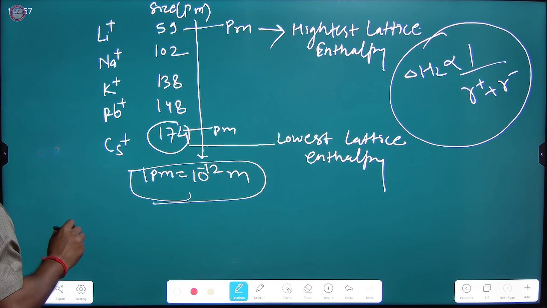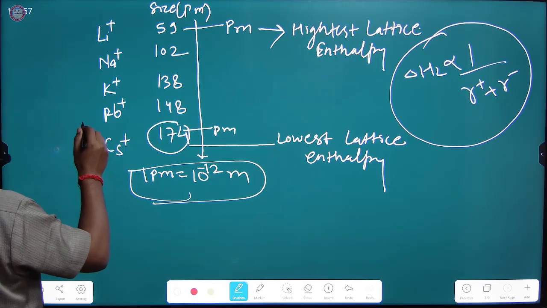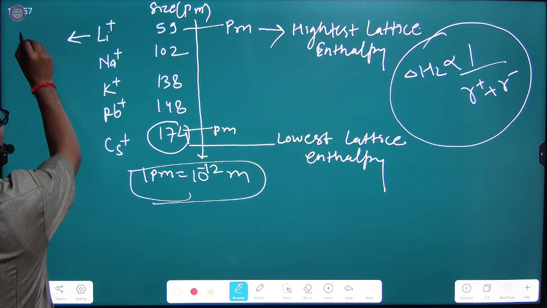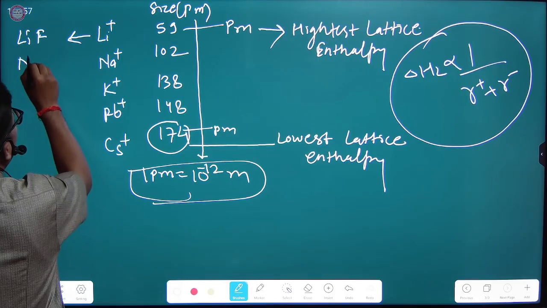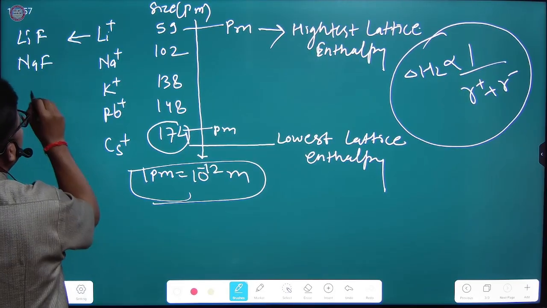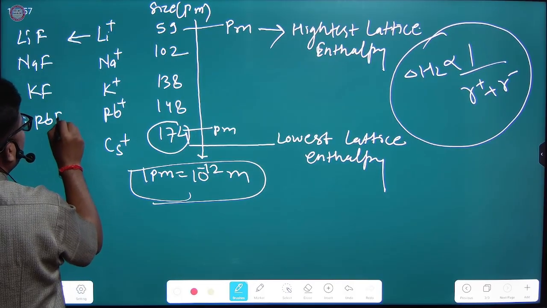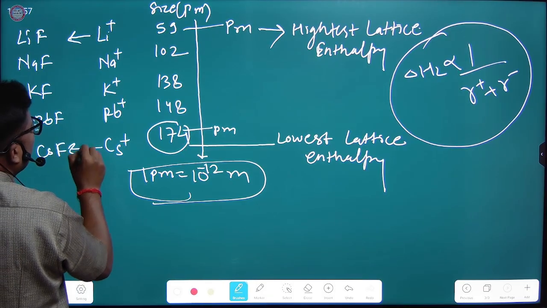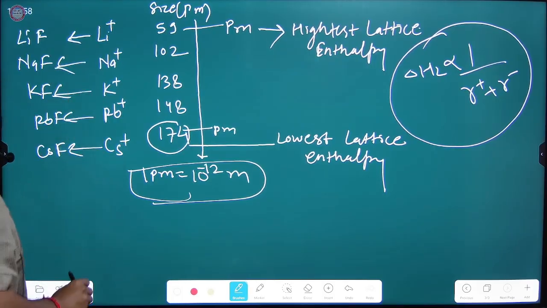It means lattice enthalpy decreases. Suppose there are ionic compounds like LiF, NaF, KF, RbF and CsF. These are the ionic compounds.